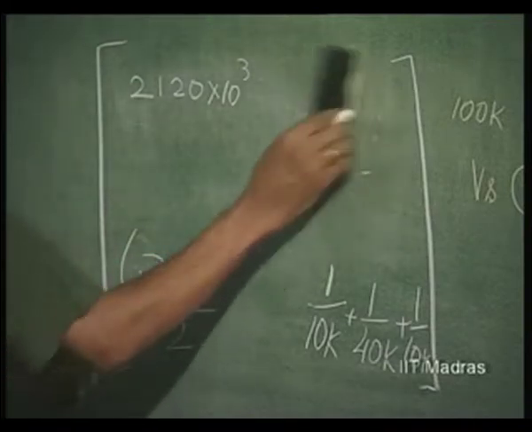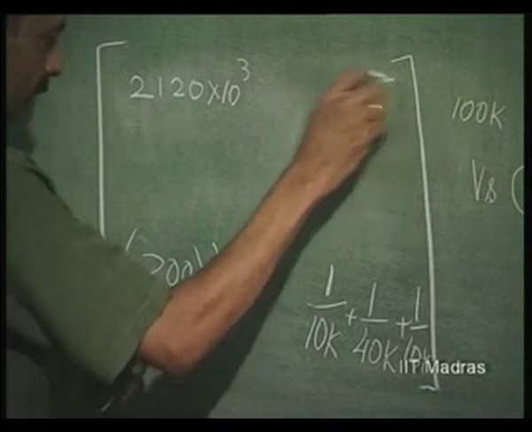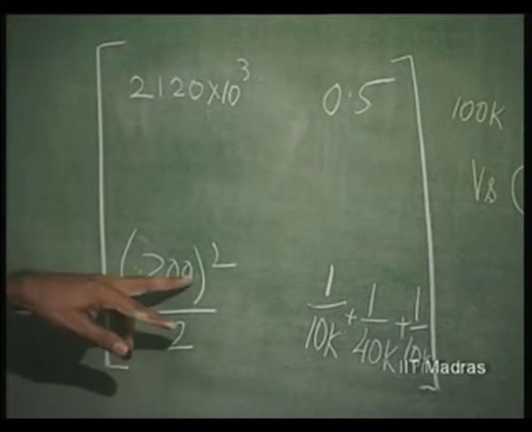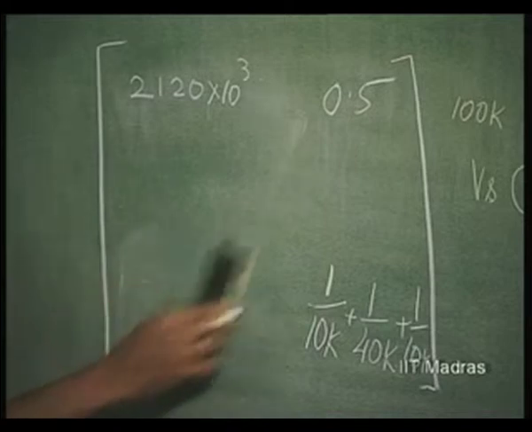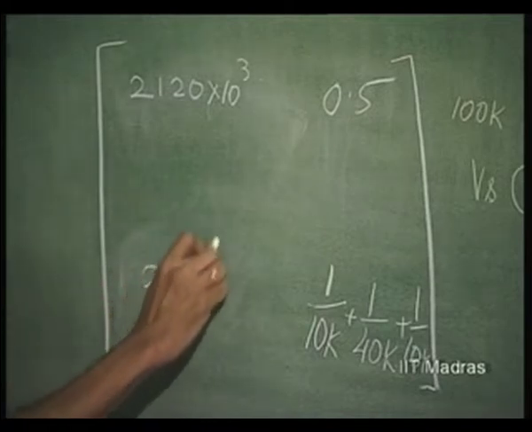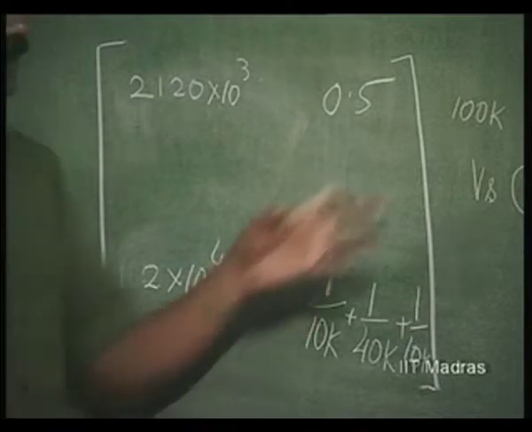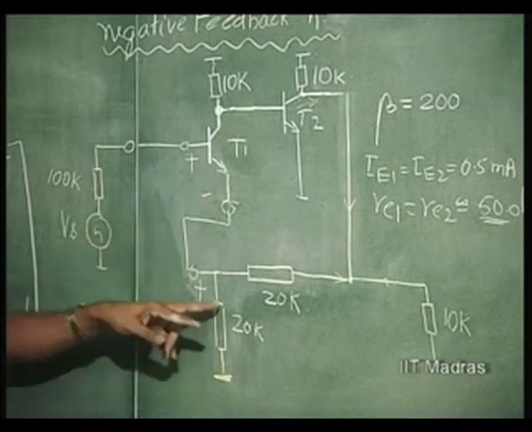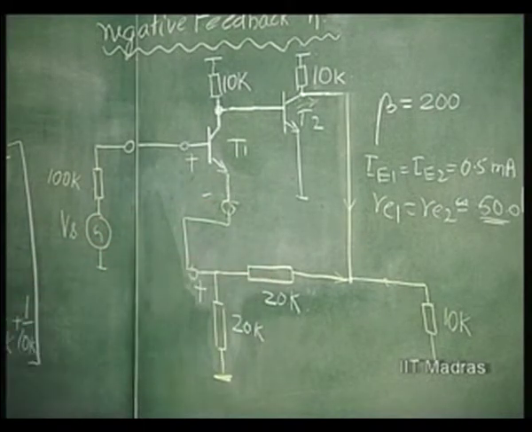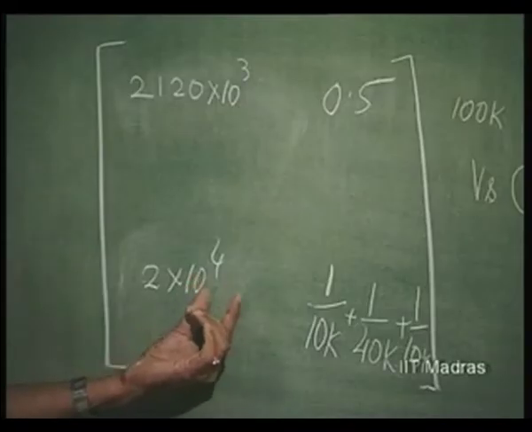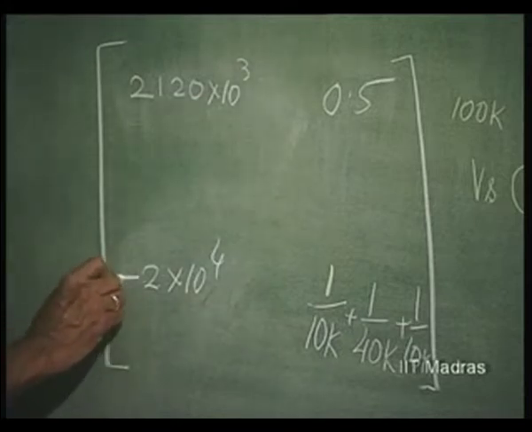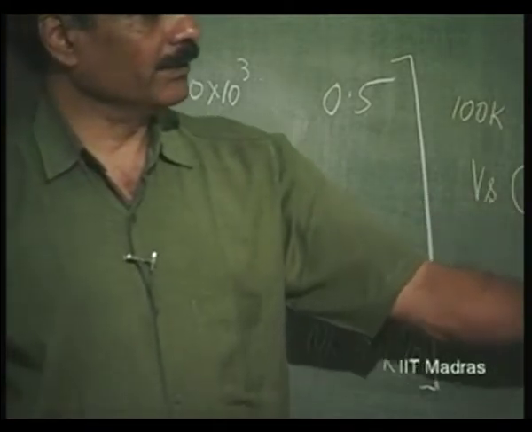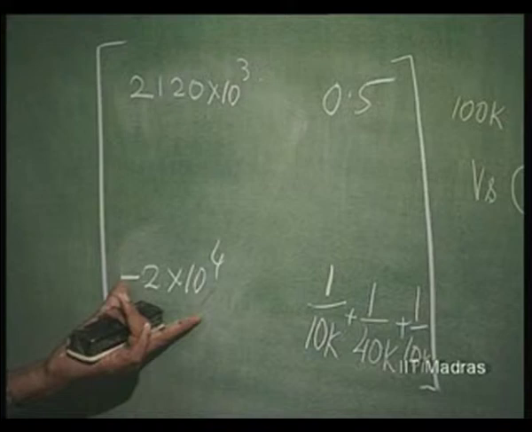Then we have this as 0.5, this is 4 into 10 to power 4 by 2. So, 2 into 10 to power 4. The other factor due to this, which is beta plus 1, into half, is going to be ignored here. This is going to be added to this 2 into 10 to the power 4, plus this with this negative sign, minus 200 by 2, 100, a factor of 100 we are ignoring here.